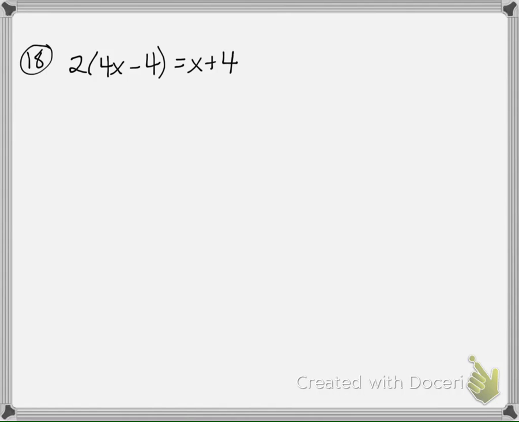All right. Does this one need to be simplified on either side? Yes, this one does. The right-hand side, x plus 4, is fine, but the left-hand side needs the distributive property. So 2 times 4x is 8x, and 2 times negative 4 is negative 8, so minus 8.